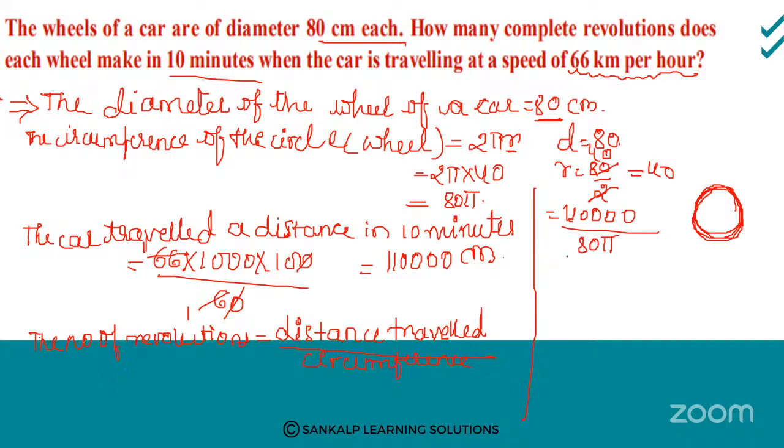Now 110000 divided by 80 into 22 divided by 7. Why? Pi value is 22 divided by 7. Now transfer the 7 to this side, that is 110000 into 7 divided by 80 into 22 you will get. Okay. 0, 0 will get cancelled. If you do the calculation, 11000 into 7 divided by 8 into 22.